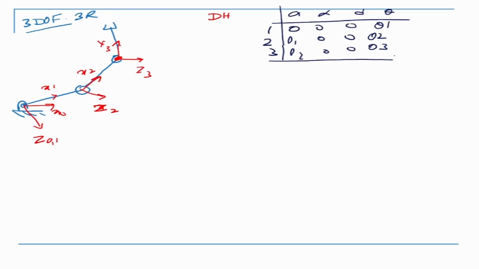Now, with each of these, I'm going to make my transformation matrices T0 to 3, as T0 to 1 into T1 to 2 into T2 to 3. This is something we have done before.